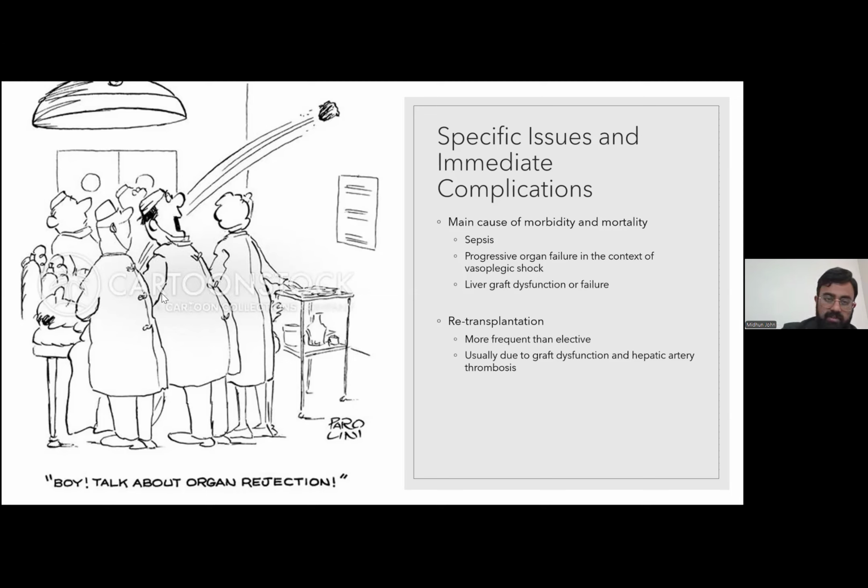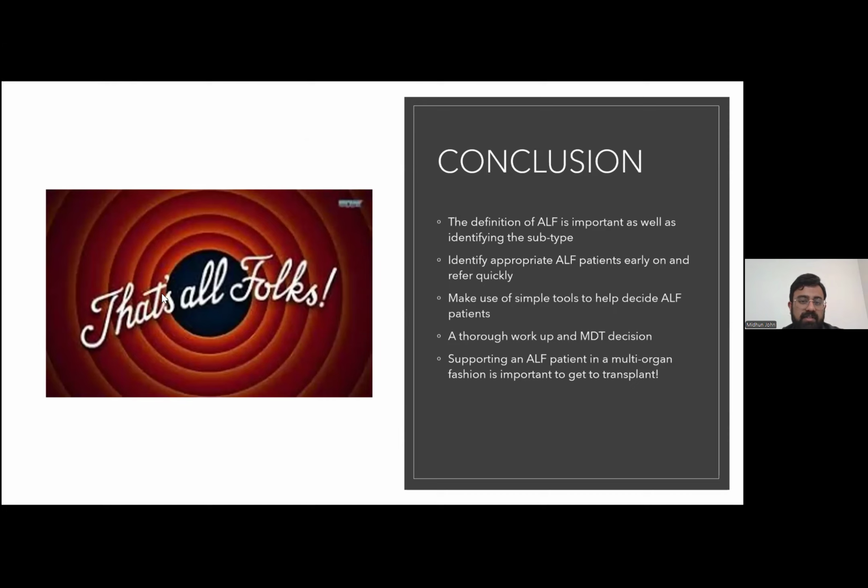It was a very long presentation, but what I'd like to highlight is the definition of ALF, which is very important, as well as the subtypes, and that identifying them helps us look for the etiologies and what to expect going forward once you have pinned it down. Identify appropriate ALF patients early on and refer them quickly, especially to transplant centers and liver centers available to us.